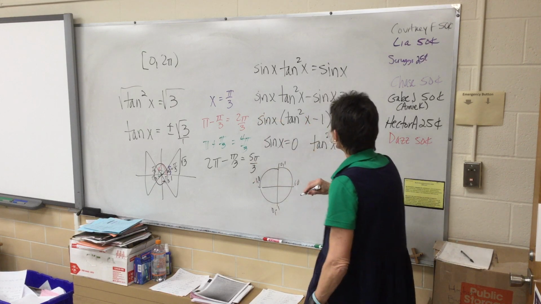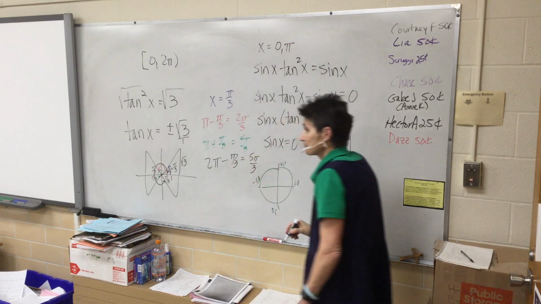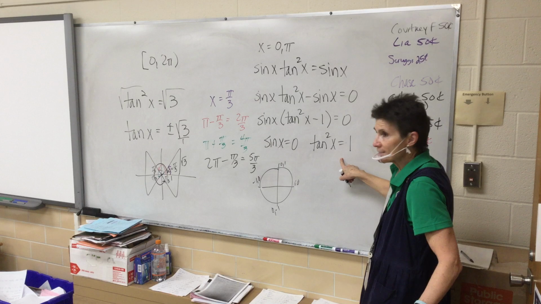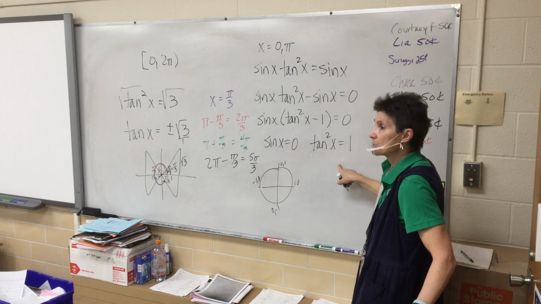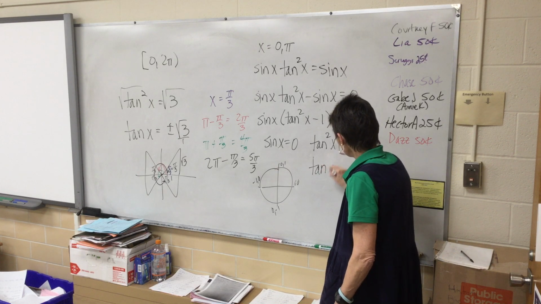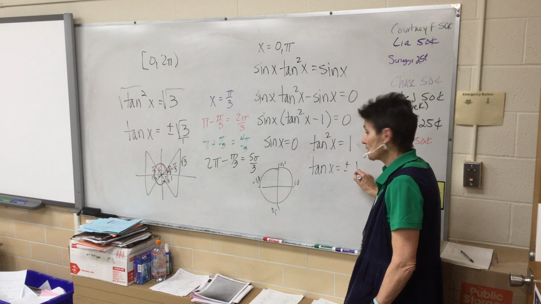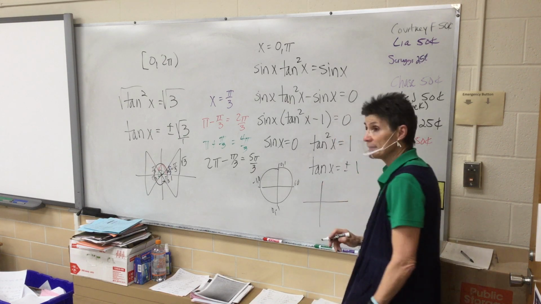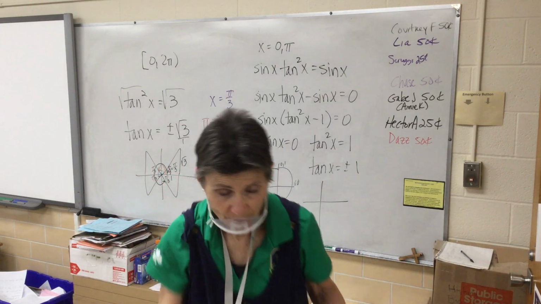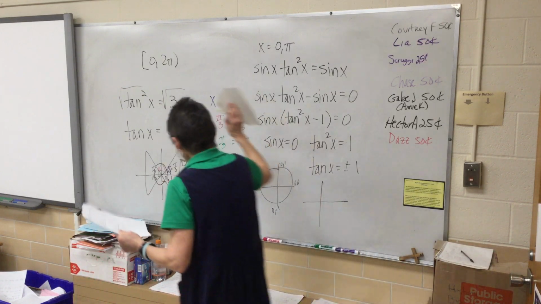Remember, I'm in radians. So I'm going to say my answers so far are 0 and pi. Now, how do I solve this? We just did one just like it. Square root. So that's going to say tangent equals plus or minus 1, which again means we're going to be everywhere. So I'm going to move it over here. It's kind of out of room down there. So I'm going to move it.